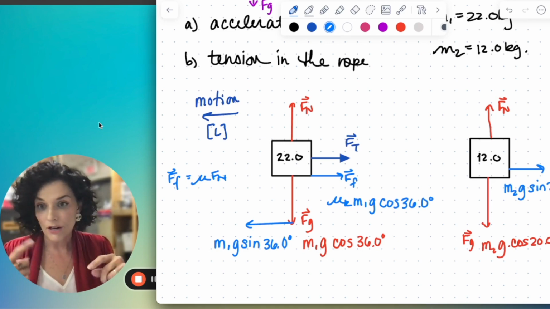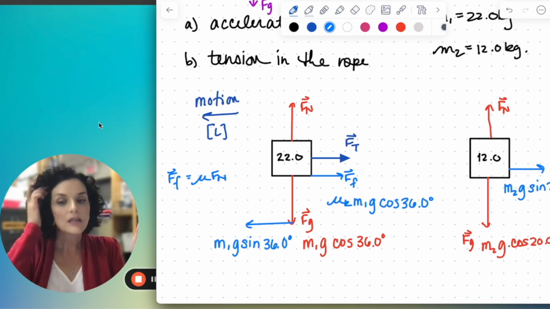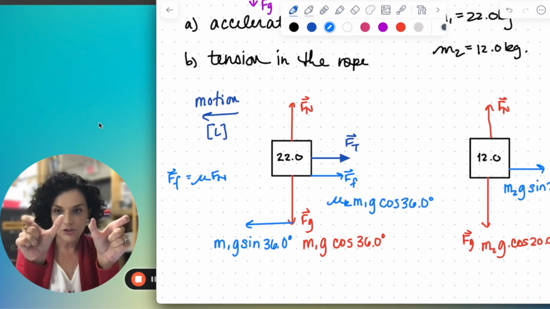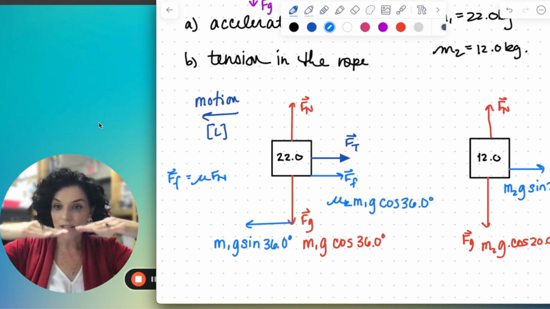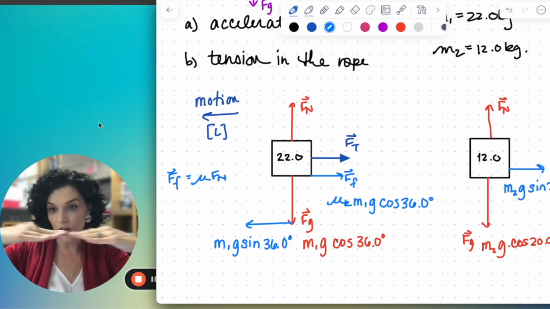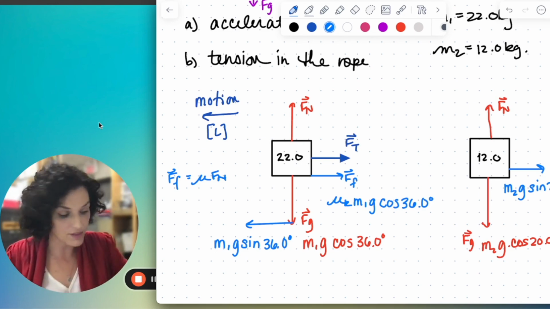Now, we have to remind ourselves which direction this is accelerating in. Remember, we're swinging the two masses that are pitched like this to be in one plane, which means my motion is going to be happening in the horizontal direction, or left and right. So that's my blue vectors that I'm concerned with.